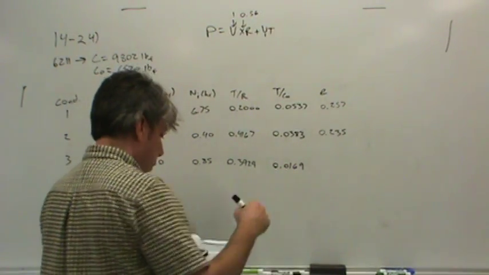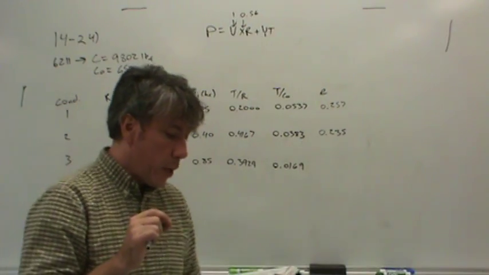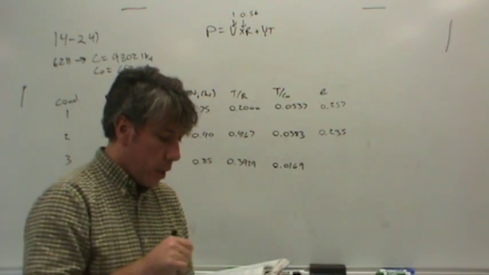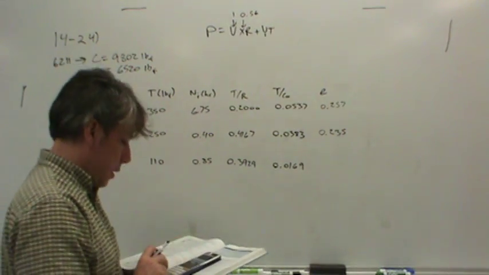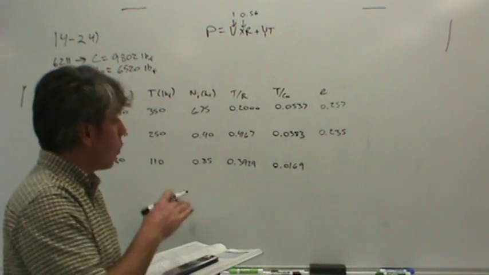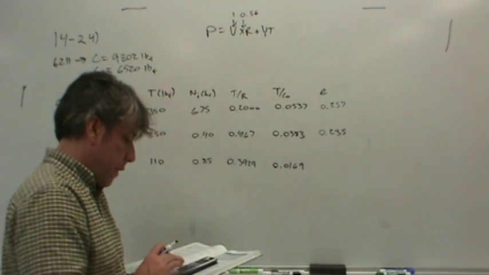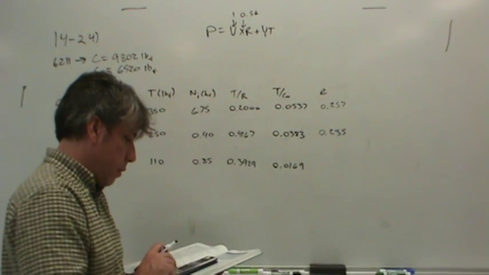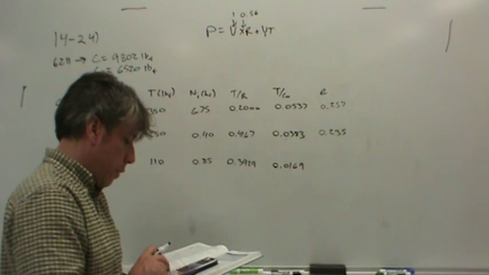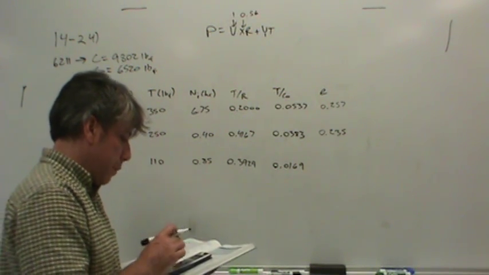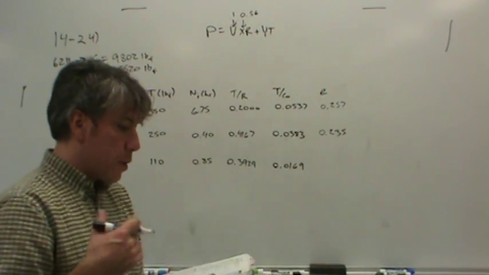Now notice this one, the 0.0169 is between 0.028 and 0.014 in the T over C naught column. So let's interpolate it: 0.0169 less 0.014 divided by the range 0.028 less 0.014, which is just 0.014, multiplied by the difference between 0.22 and 0.19.